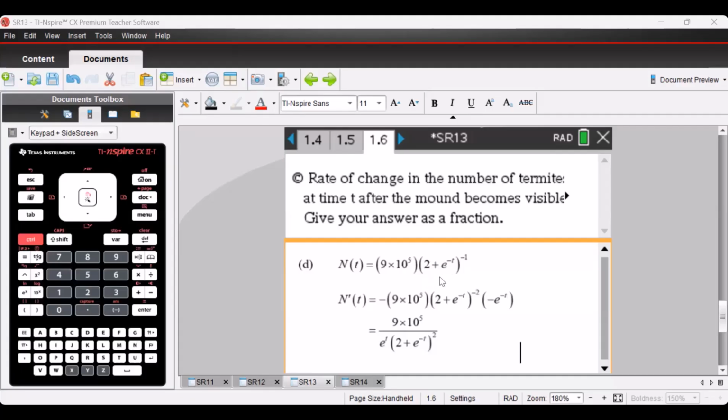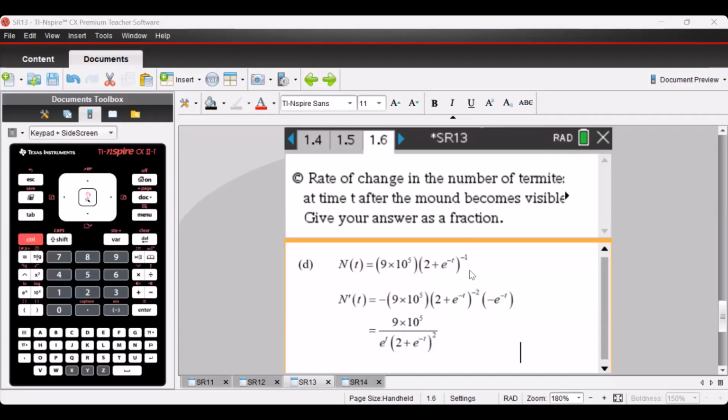It helps to see the chain rule differentiation when we do that. So it's 9 times 10 to the power of 5 times 2 plus e to the power of negative t, all to the power of negative 1.